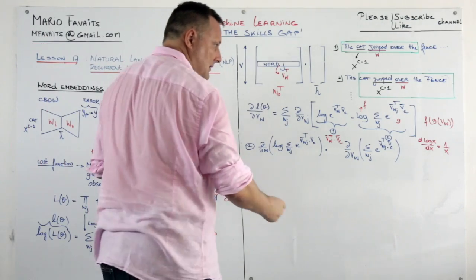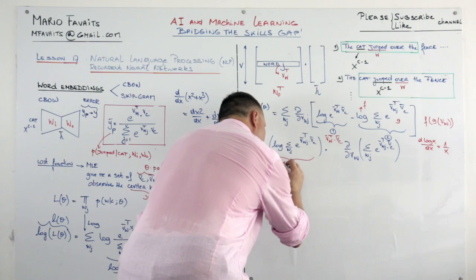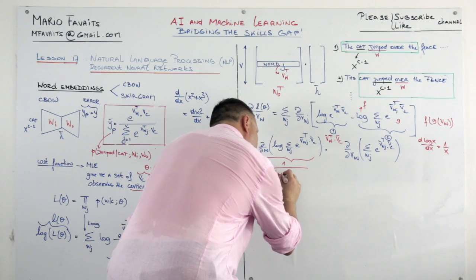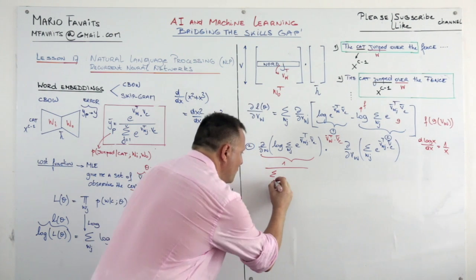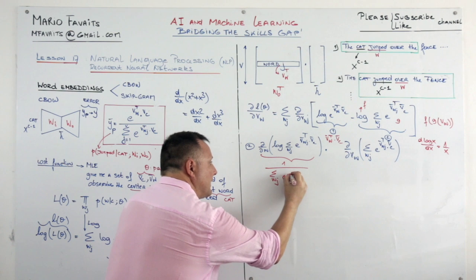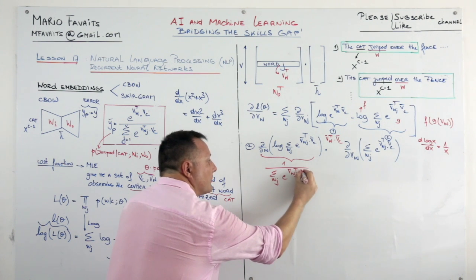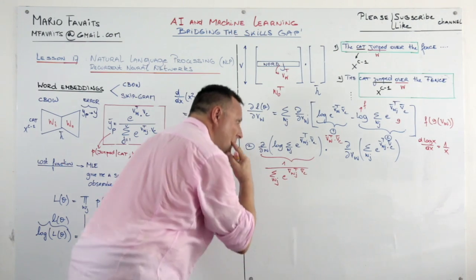And because of this rule, this is 1 divided by the sum over all words of e to the vwj transpose vc. This is this term.